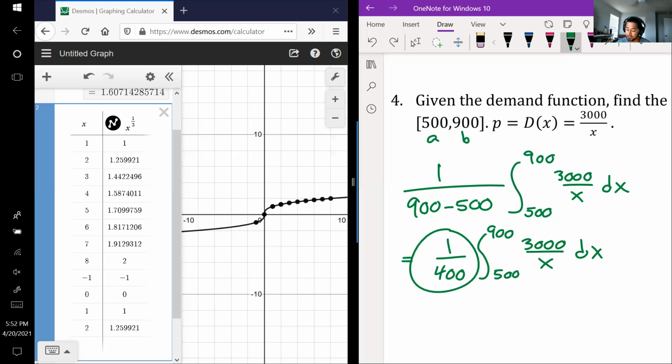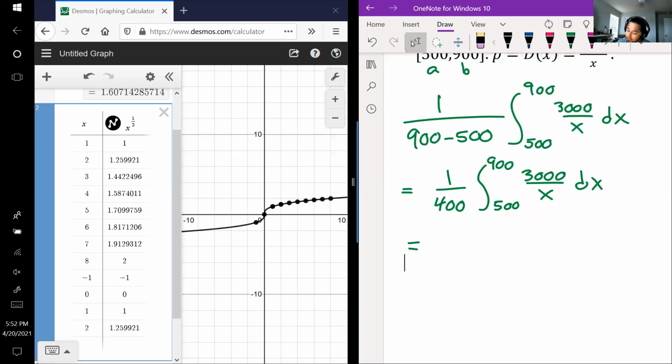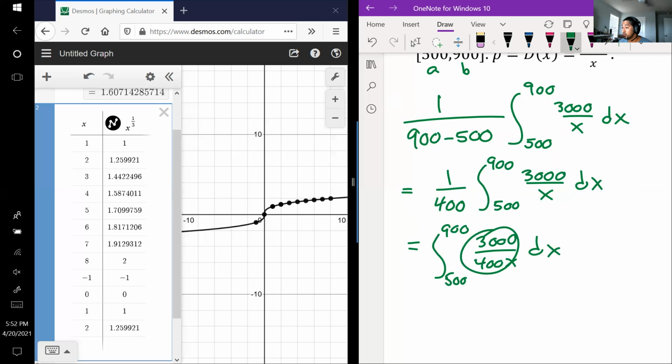So we're going to put the numbers together. Okay, so this means that if you multiply the 1 over 400 inside, you'll get the integral from 500 to 900 of 3,000 over 400x dx. And now all we're going to do here is just simplify 3,000 over 400.